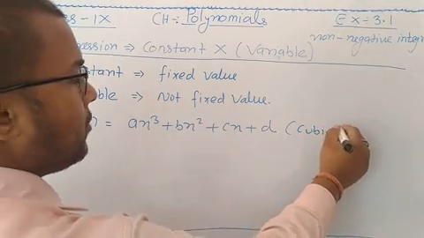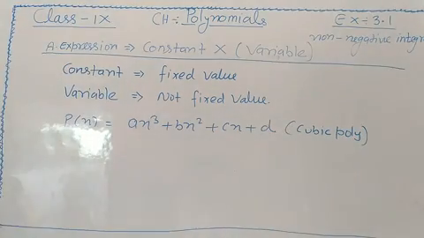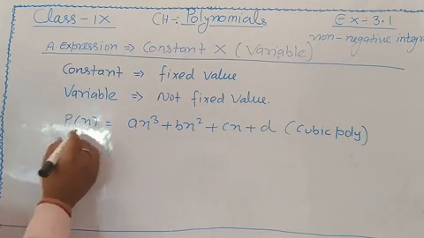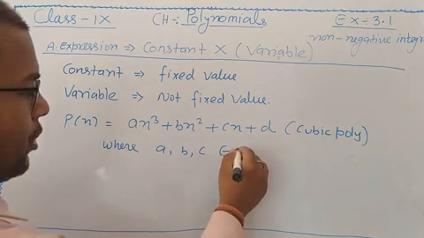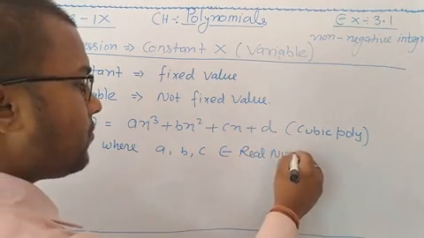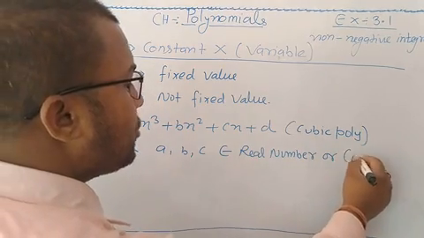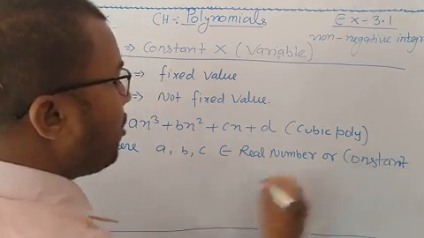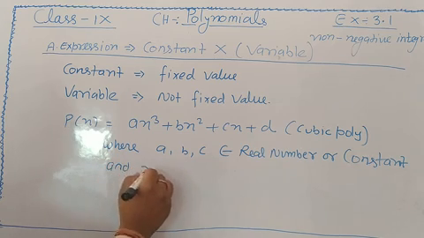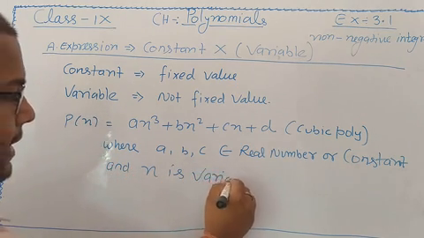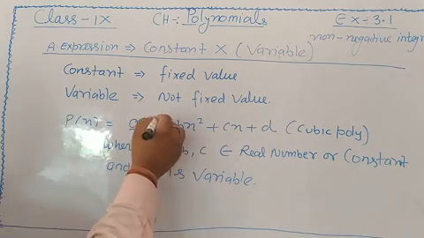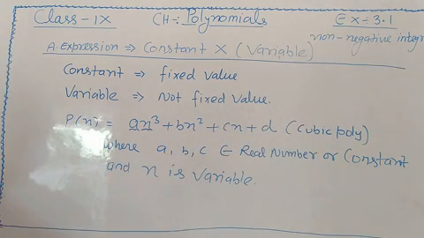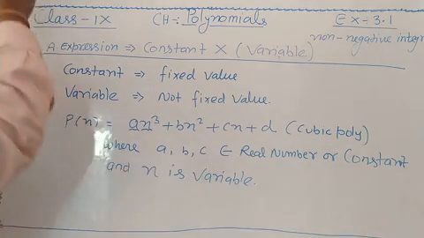A cubic polynomial. p(x) where a, b, c belong to real numbers or constants, and x is the variable. a is the constant term, x is the variable, and x to the power 3 is the non-negative integral power. Okay students, write this type of definition.